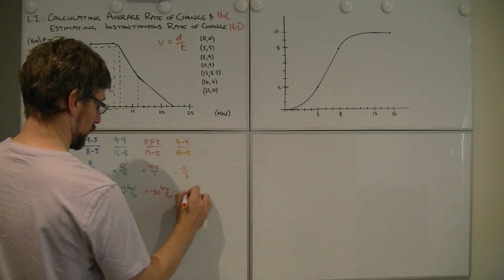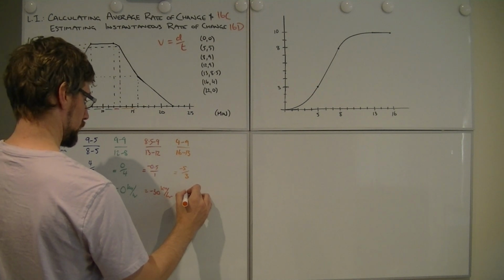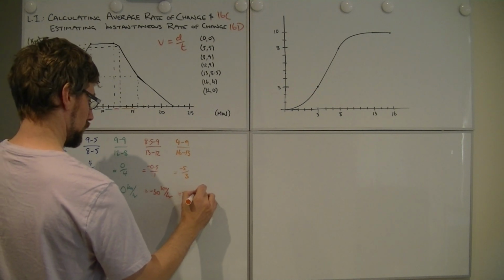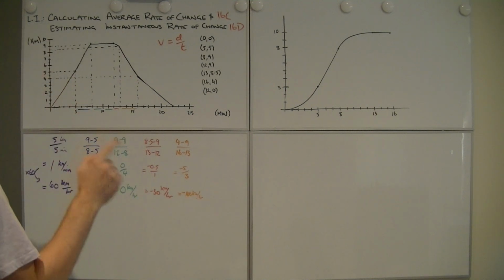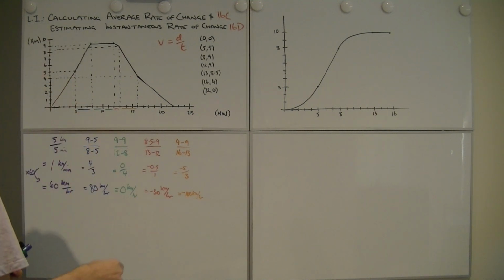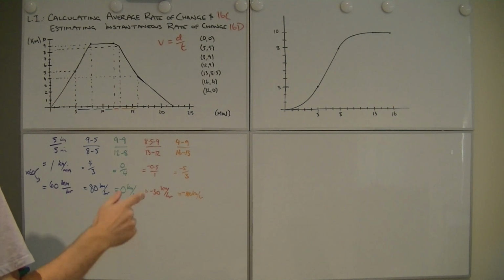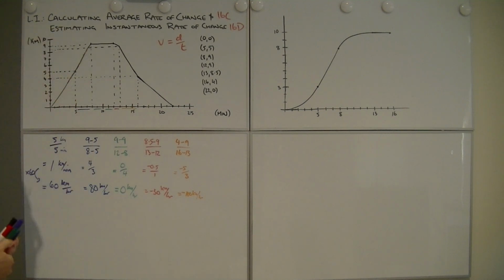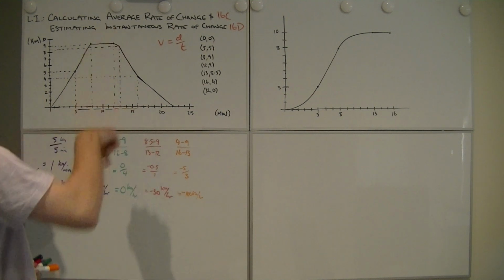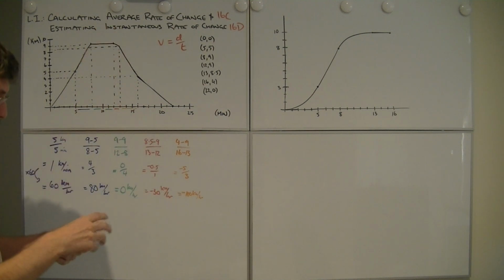Times 20 is minus 100. Does that seem right? So, minus 5 over 3 times by 60, yes, gets rid of that, gives me 20, 5 by 20, yep, cool. 100 kilometers an hour is racing along now. Cool, still with the negative in there because we're still coming back home, okay.